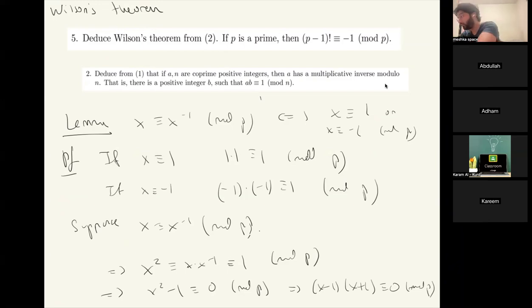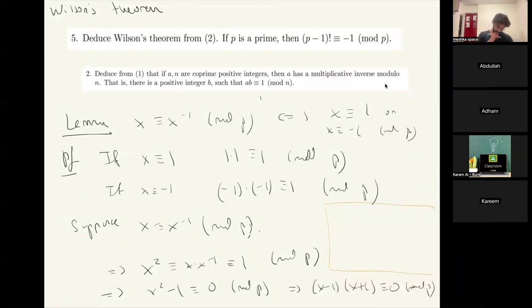Yeah, good. So we should use the fact that p is prime. Let me make a comment, Abdullah. Because we're dealing with modular arithmetic, I don't know if x being less than p will help us.